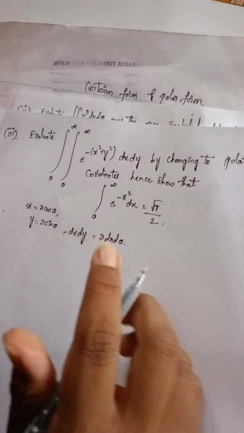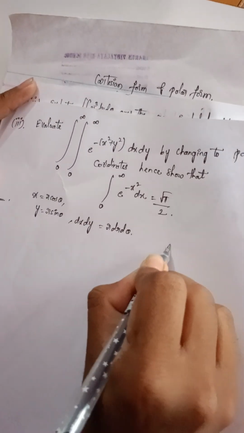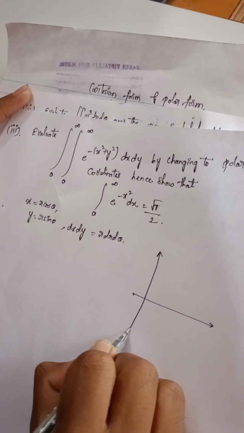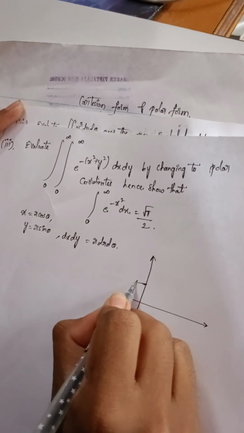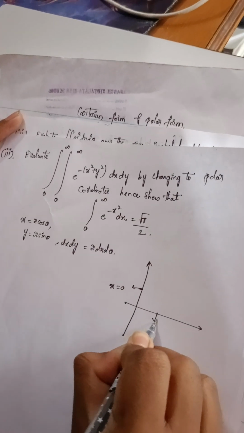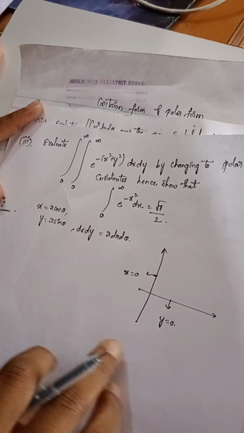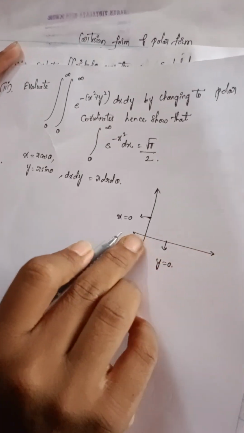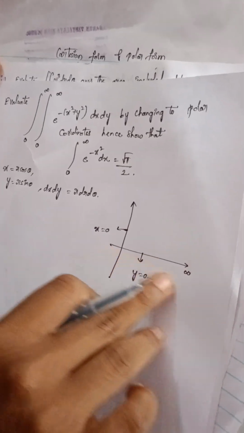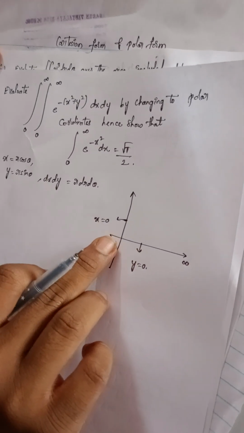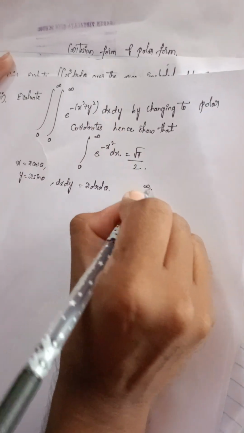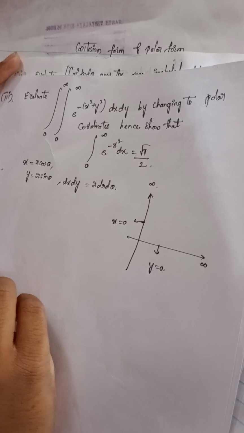Now assume this is my x axis and this is my y axis. So it is given clearly, and this is the line x is equals to 0. This is the line y is equals to 0. So here it is clearly mentioned that this x and y always go from 0 to infinity. So x varies from 0 to infinity and y also varies from 0 to infinite.